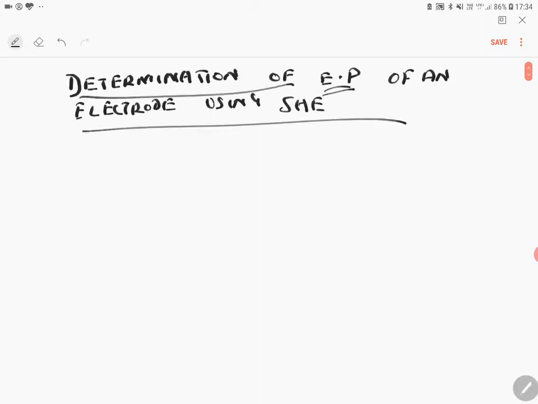Determination of electrode potential of an electrode using SHE. What is SHE? All of you know, standard hydrogen electrode. So what is the ultimate aim?